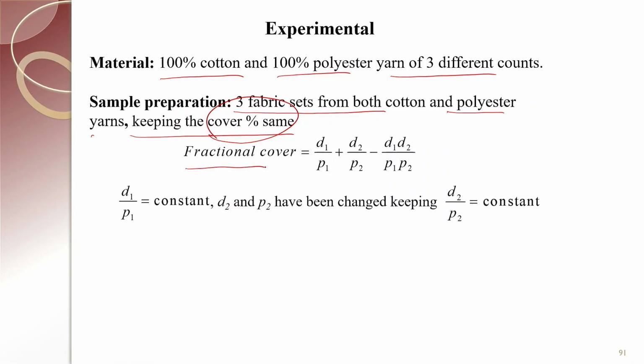The fractional cover formula is d1 by p1 plus d2 by p2 minus d1 d2 by p1 p2. So, d1 by p1 is a constant, that we are trying to keep constant, and d2 and p2 have been changed to keep d2 by p2 the same as d1 by p1. So, the diameter is changed by changing the yarn linear density.